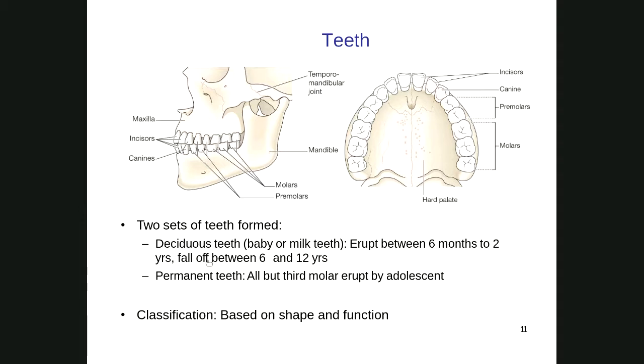And usually with their fall off starts the appearance of the permanent teeth, which happens usually during the adolescence period of age. And this classification of the teeth is based on their shape and their function. The incisors are mainly for cutting, while the grinding is mainly by the premolars and the molars, and so on.